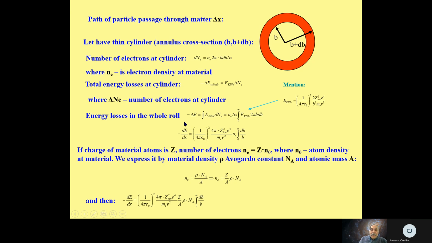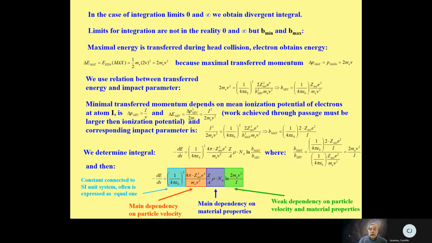That means this energy loss per dx, per unit length, this ionization loss, we will obtain after putting the number of electrons here. Now what does this integral mean?